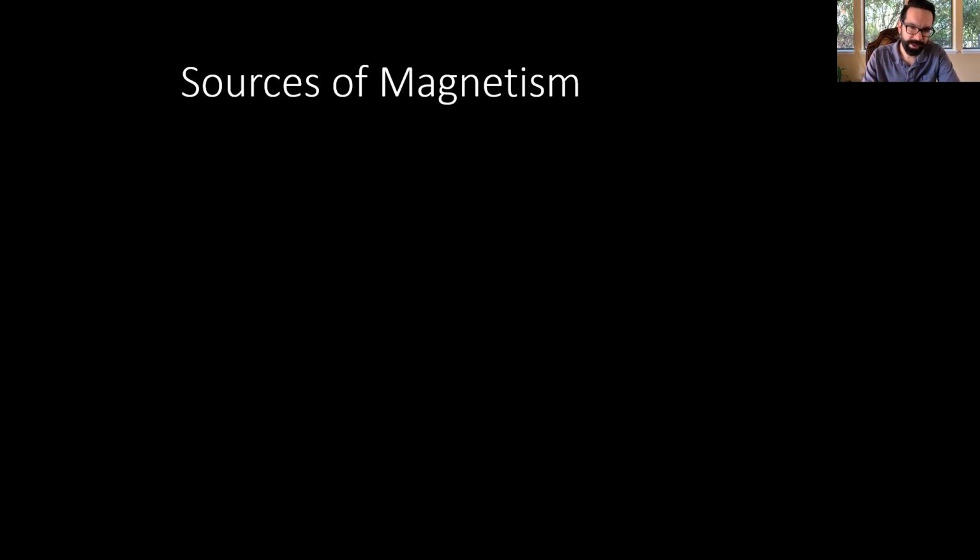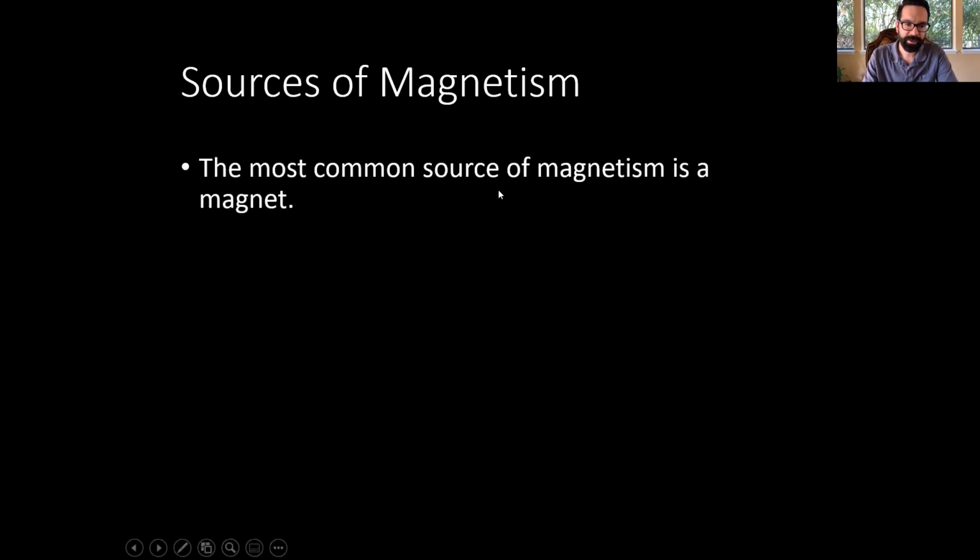We will a little bit at the end when I touch on ferromagnetism, diamagnetism, and paramagnetism. So we'll talk about that at the end of chapter 29. So for now, we're just going to talk generally about where magnetic fields come from, and it's a magnet, right? So pretty simple there.